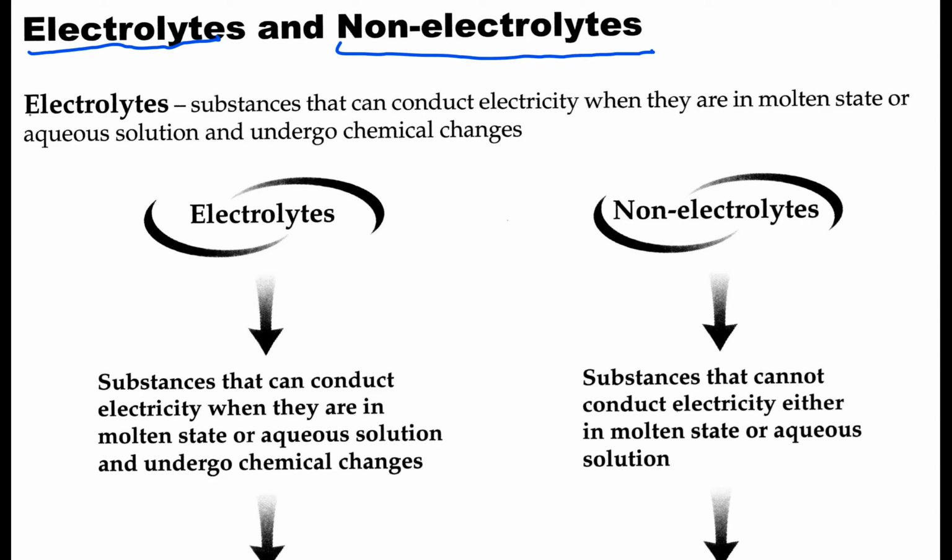An electrolyte is a substance that can conduct electricity when molten or when dissolved in water to form an aqueous solution. A non-electrolyte, on the other hand, cannot conduct electricity under any circumstance.